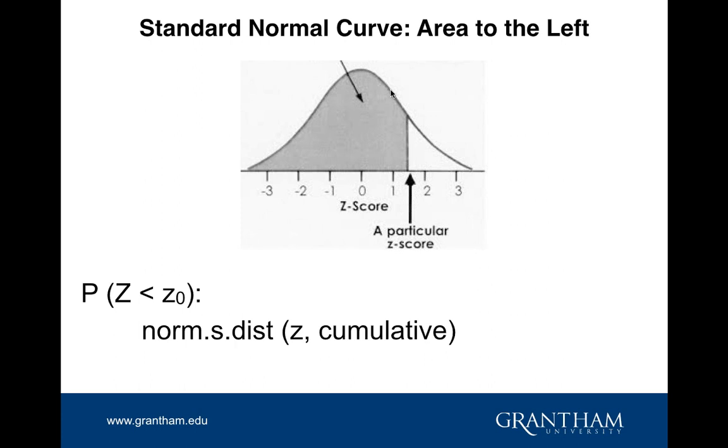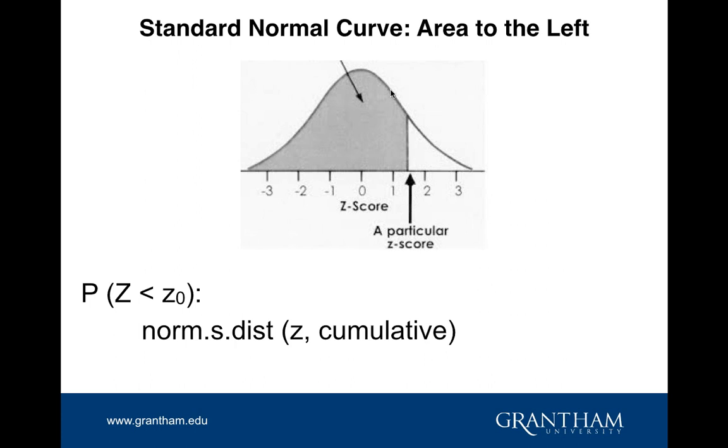Remember, initially we said that there are two different normal curves. There's a regular normal curve, and then there's a standard normal curve. Now, if we are working with Z-scores, we already know that our data is normalized, it's standardized. So we would use this formula, making sure that you have the S between the NORM and the DIST.